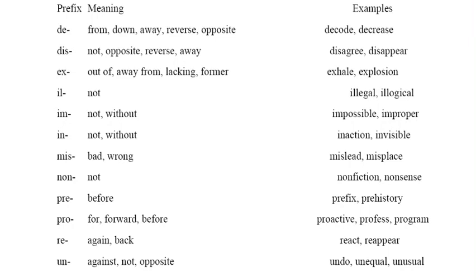Re means again, back. So examples are react, reappear. Next we find un. It means against, not, opposite, like undo, unequal, unusual.